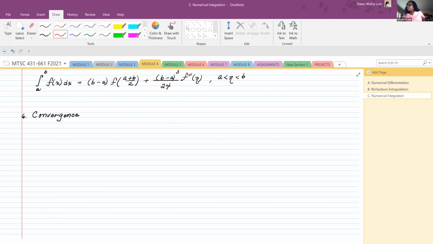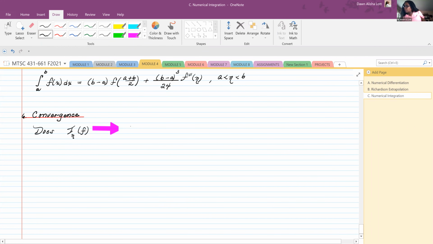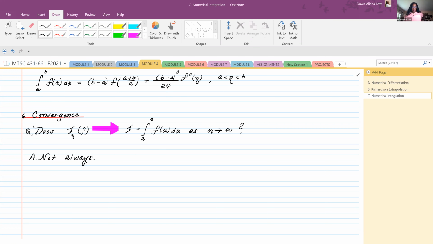So does I_n of f, that means now I have n intervals, actually go to the true value of the integral as n goes to infinity? And the answer is not always.